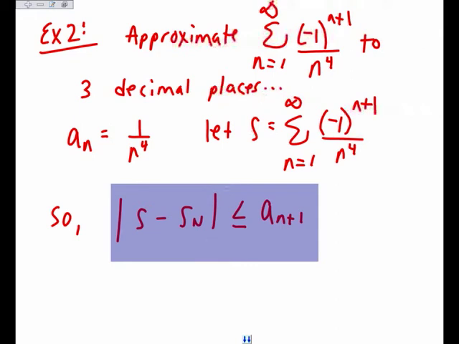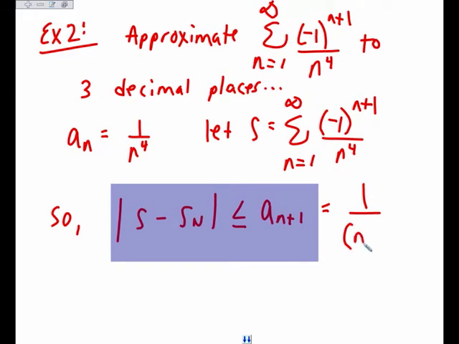Is this going to be the 10th partial sum, the 12th, the 50th, the 1000th? I don't know yet. We'll have to try to determine this. What I do know is that the absolute value of the difference between the actual sum and my partial sum is always going to be less than or equal to my first term omitted. This ends up being 1 over n plus 1 to the 4th power.